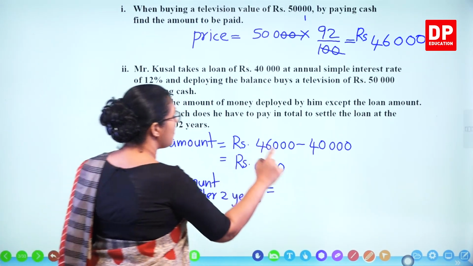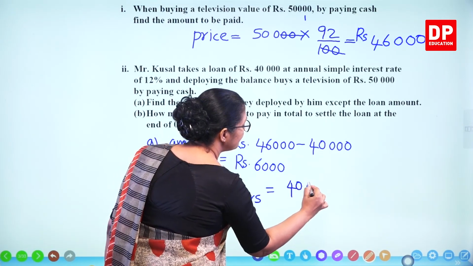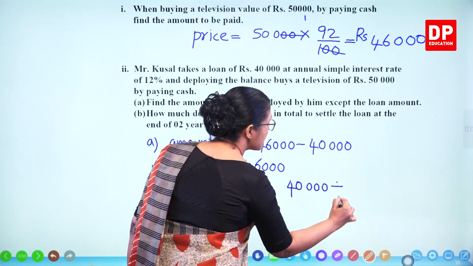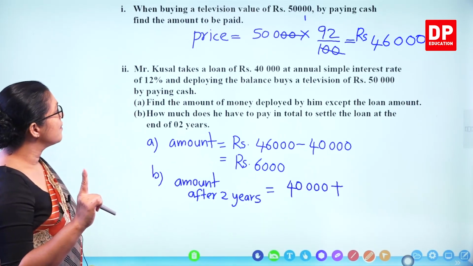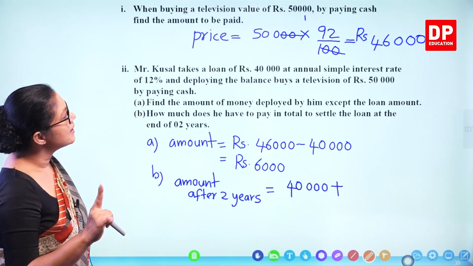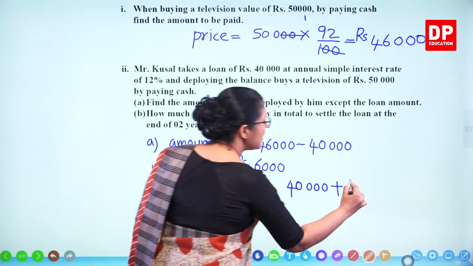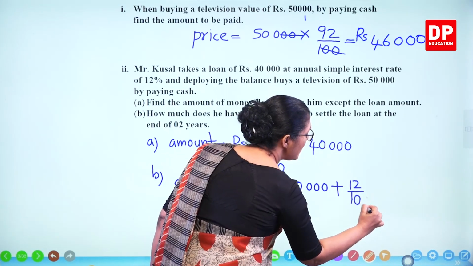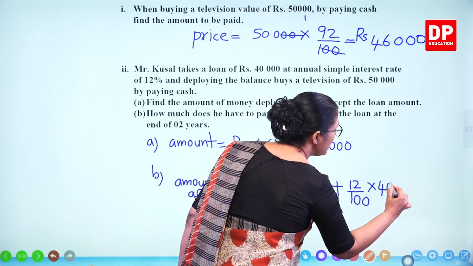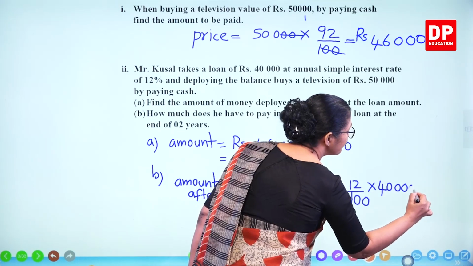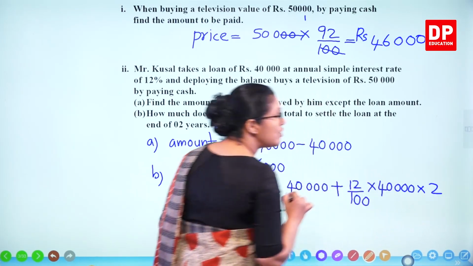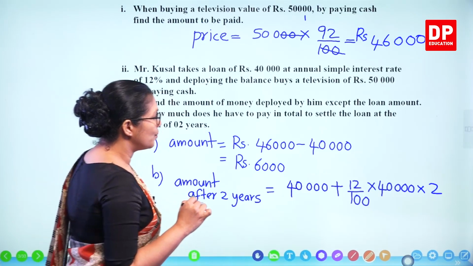So the initial amount is 40,000 plus the interest. What's the interest? 12% of 40,000, that means 12 over 100 times 40,000, that's for 1 year. And for 2 years, you need to multiply this by 2.